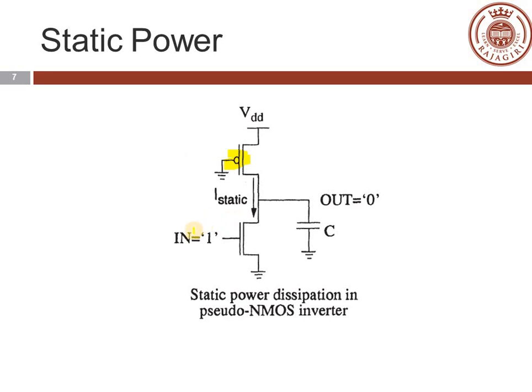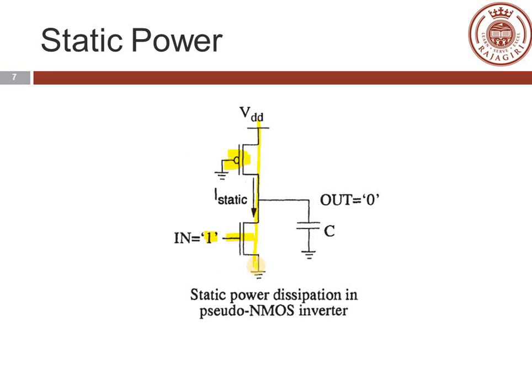For this inverter, if the input is 1, the NMOS network is on. Whenever this NMOS network is on, we will have a direct VDD to ground connection. So that will contribute to static power dissipation.